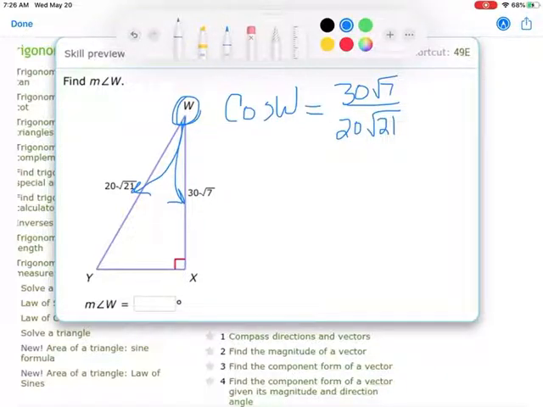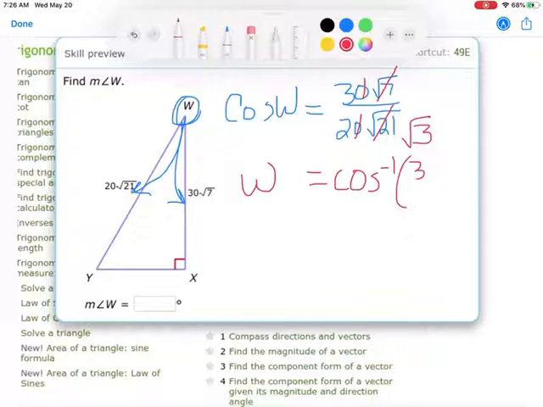I'm just going to reduce this right off the bat. 30 and 20 reduce to 3 over 2, and the root 7 and root 21 reduce to root 3 on the bottom. So W is equal to the inverse cosine of 3 over 2 root 3.